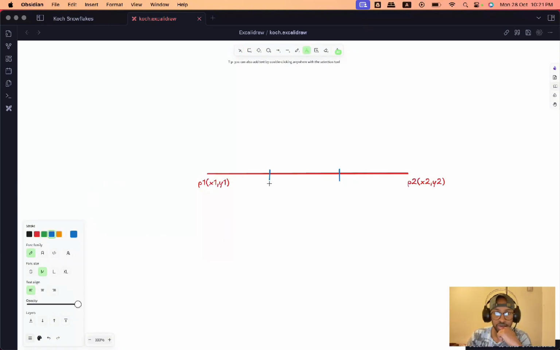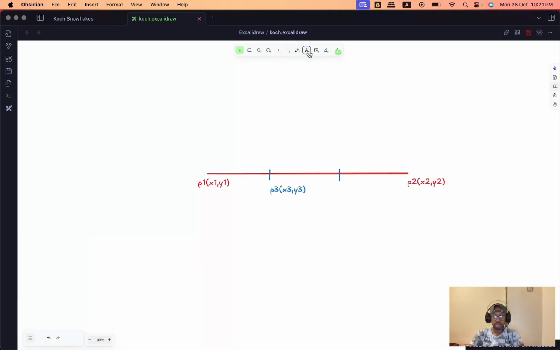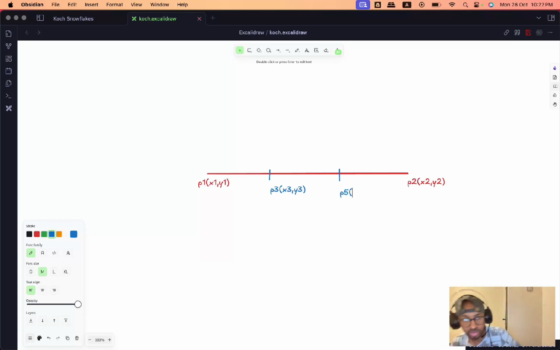Let's call this point P3 equals x3 y3. It's a vector, and you'll get another point. We'll call this P5. I'll tell you why I call this P5. It has x5 y5.